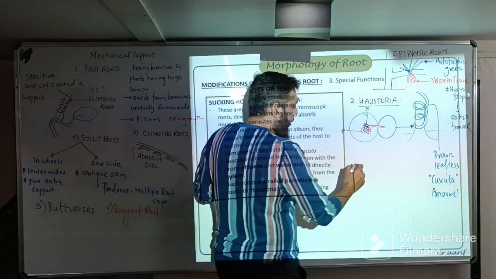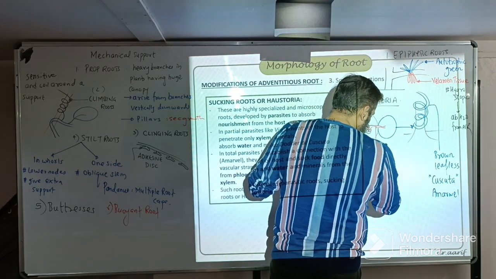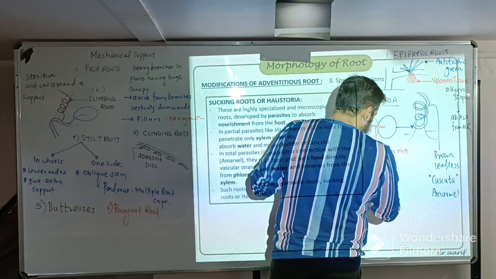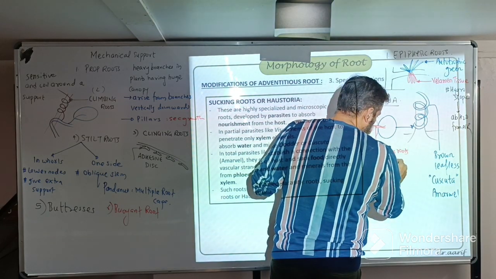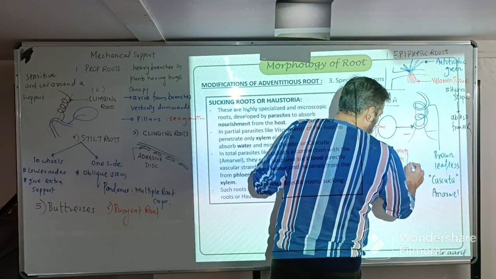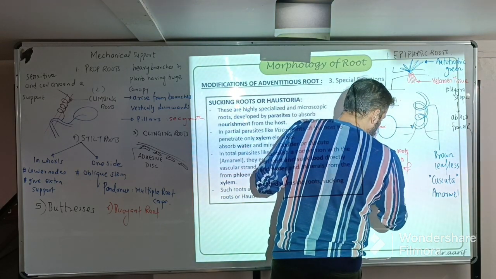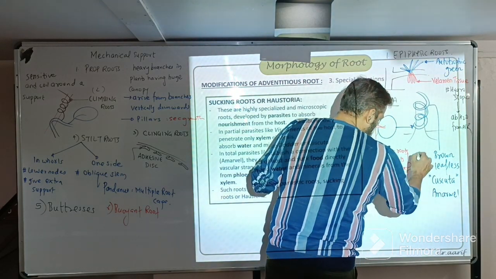So such penetrating roots are also known as the sucking roots, or the what? Haustoria of Cuscuta.